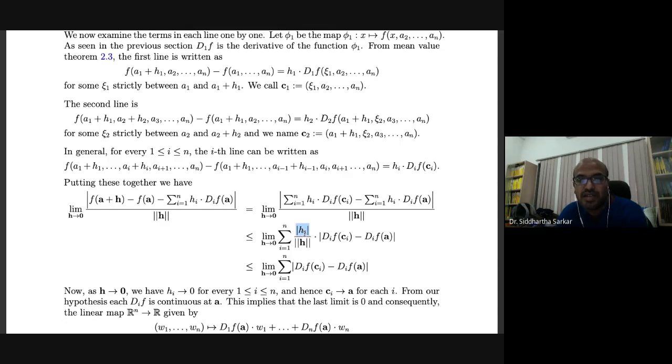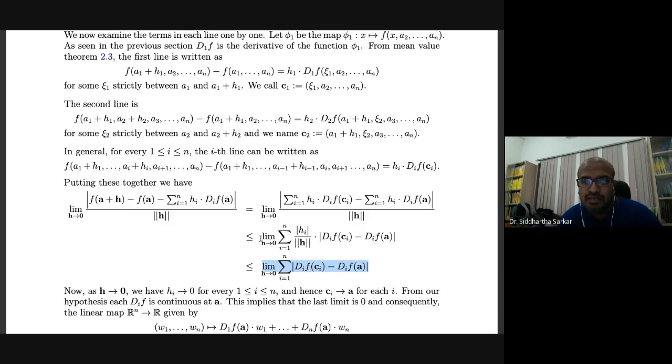That is the square root of h1 square plus up to hn square. So this is nothing but saying that hi square is less than the sum of h1 square up to hn square. That's anyway true. So this first term, mod hi by norm of h, is smaller than or equal to 1. So I make it a little larger like this.